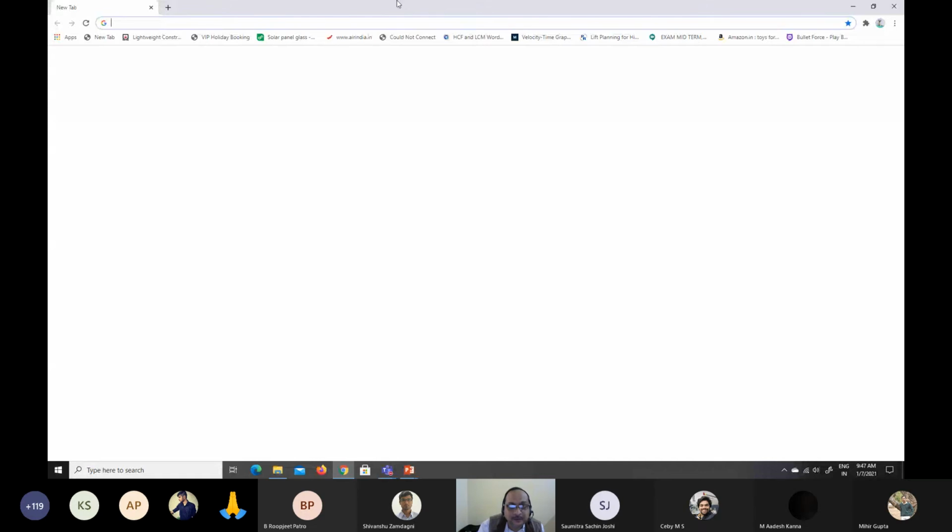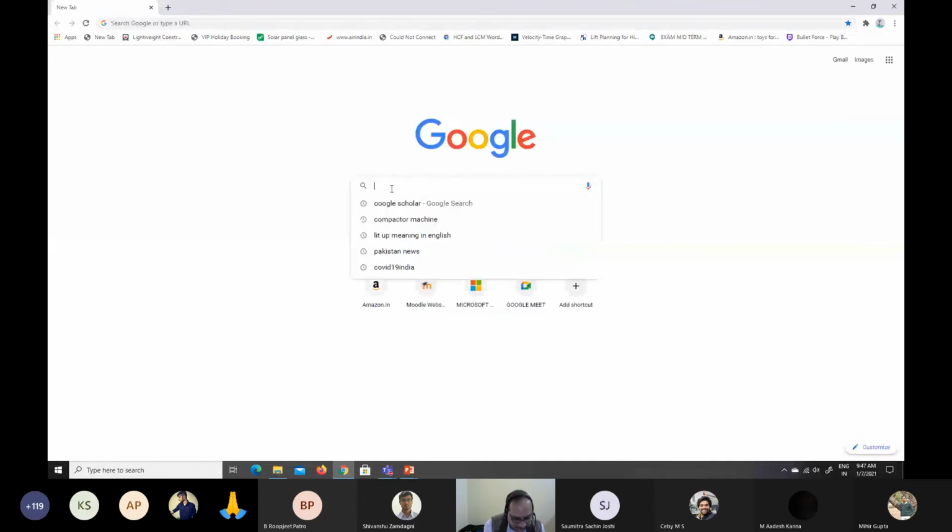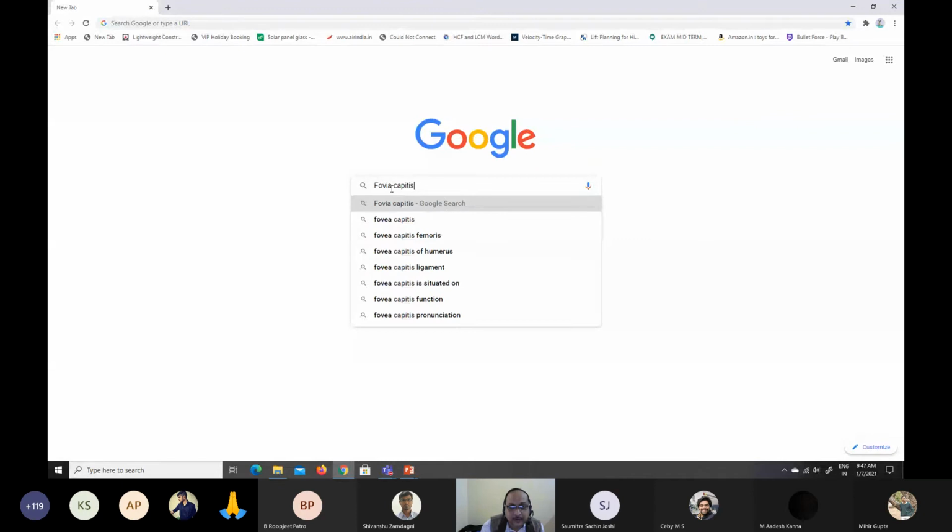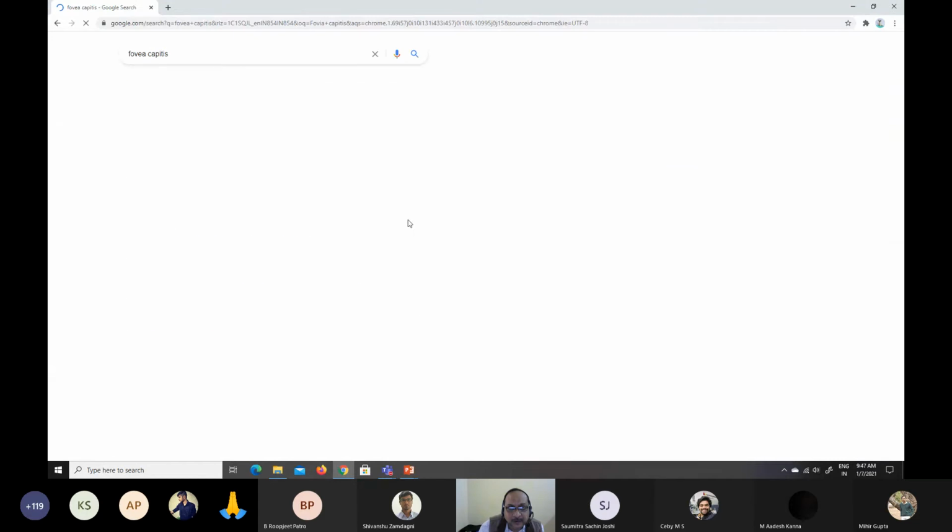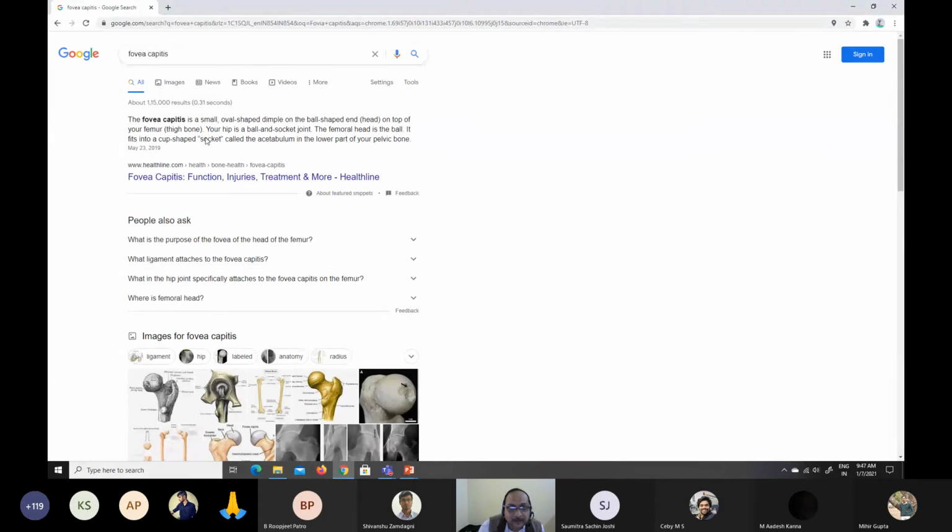Yeah, so you have this very small oval-shaped landmark, as I told you, hardly grossly visible, but you can see it when you move closer on top of the femur.